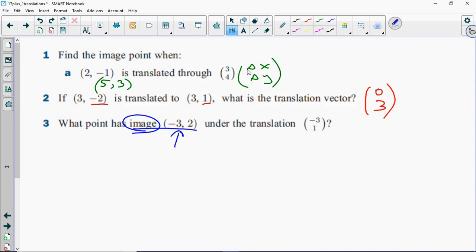This one ended with an x value of -3, but the translation said that our starting point needed to move -3 to the left. So again, if we just subtract -3 minus -3, that gets us a starting point of 0. And then our y value, it ended at 2, but the translation vector said something had to move up 1 to get there, so 2 minus 1 is 1.